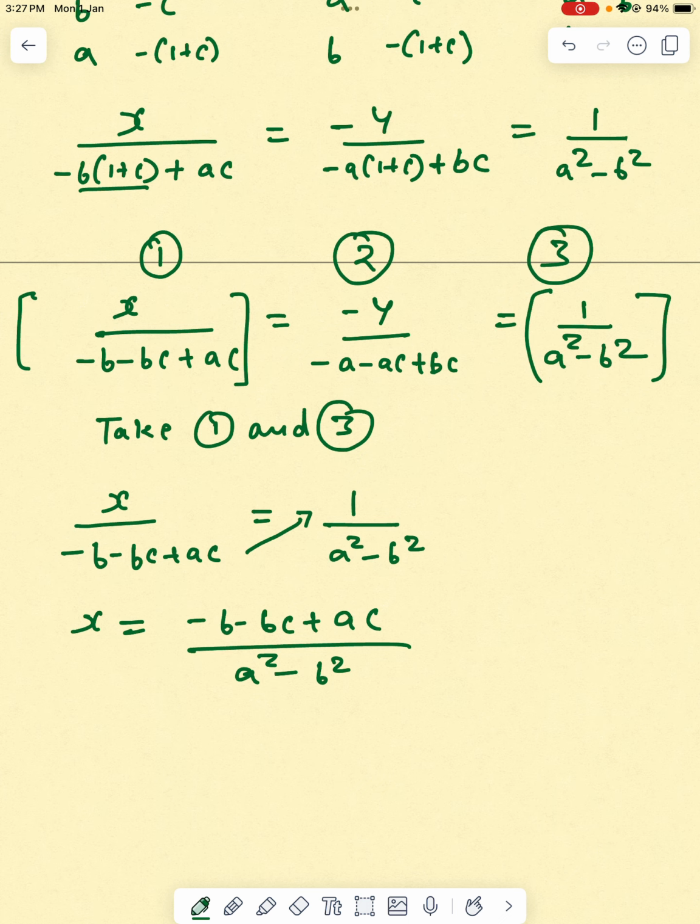Okay, now what will you do? Right, so minus b, take c common from this equation.